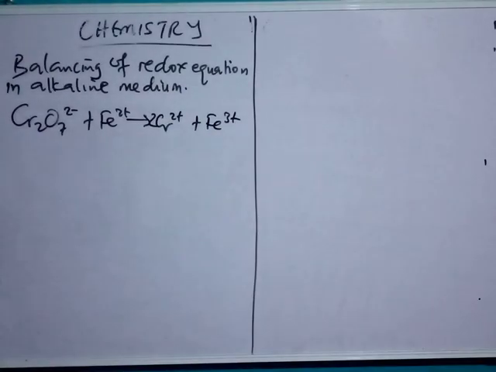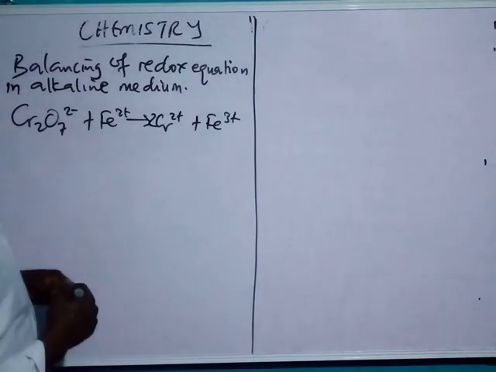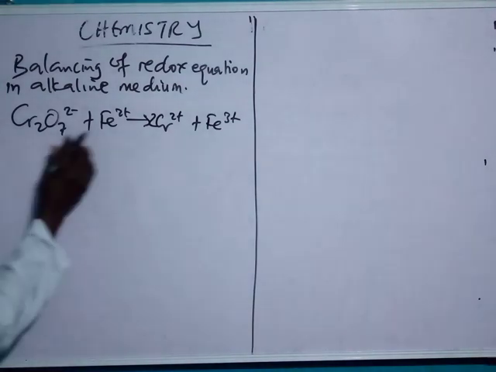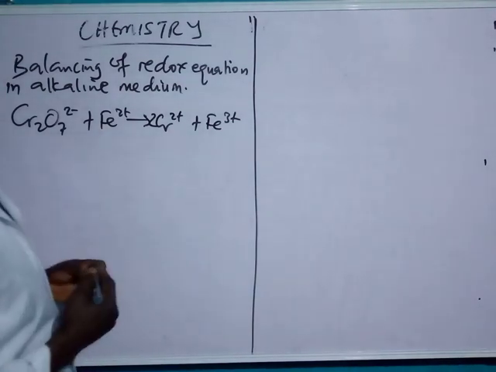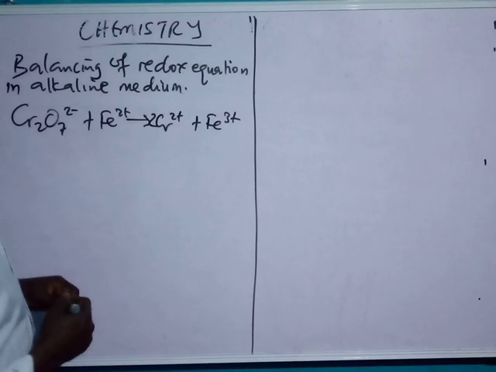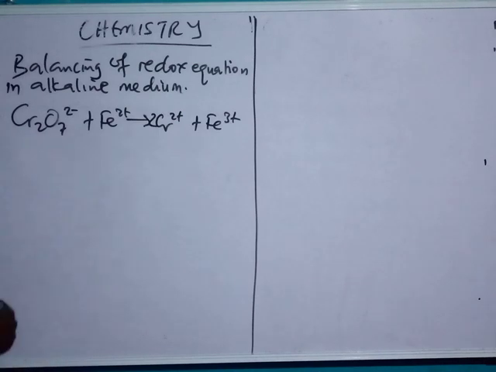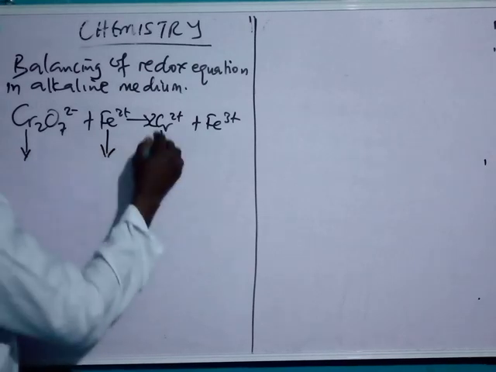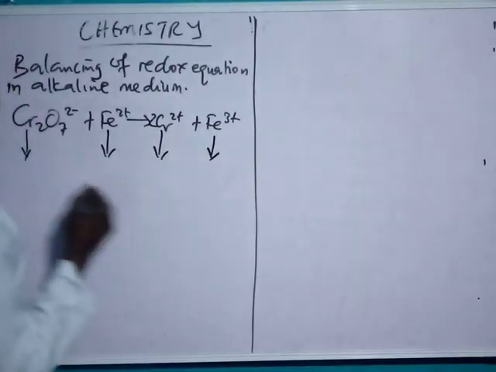This ionic equation is a typical example of a redox reaction where oxidation and reduction are taking place at the same time. To balance this, like we said in the previous video, you use the oxidation number method, in which case you find the oxidation number of the various species taking part in the reaction.